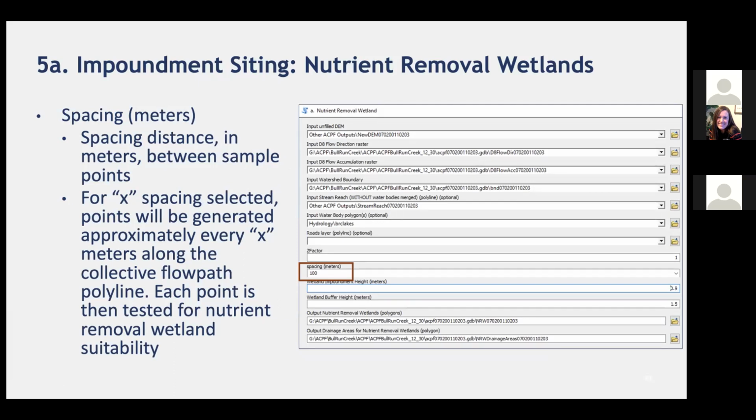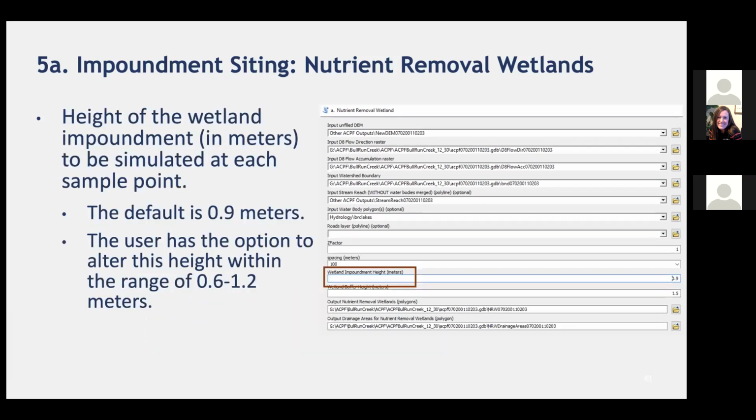The greater the spacing, the less time the tool will take to run, and the fewer points that will be considered as potential locations for a wetland. The smaller the spacing, the more points that will be considered and the longer that the tool will take to run.